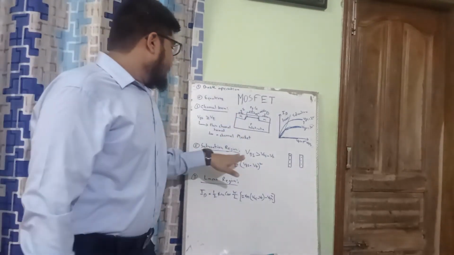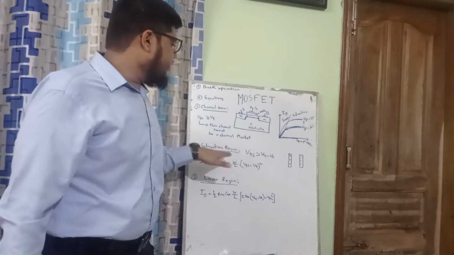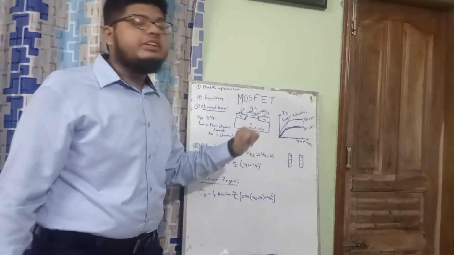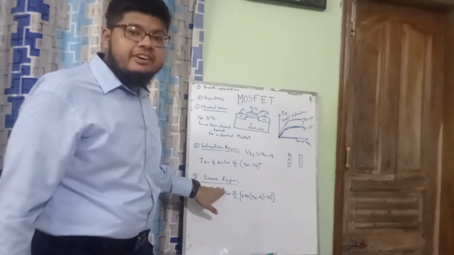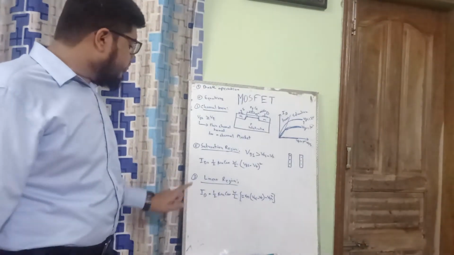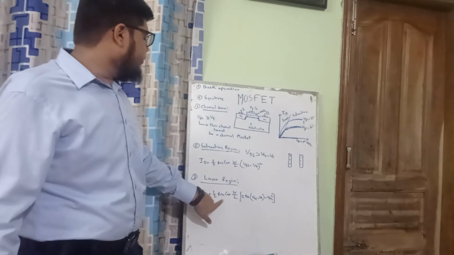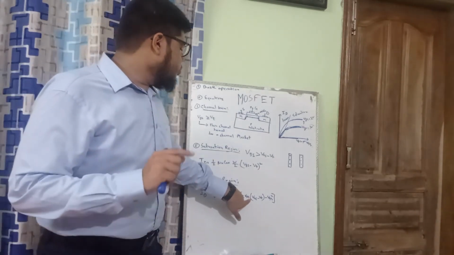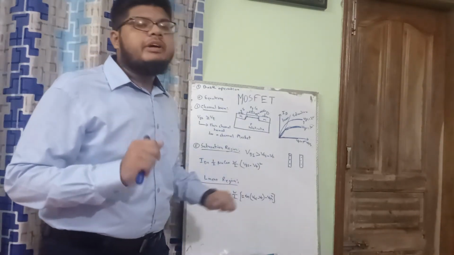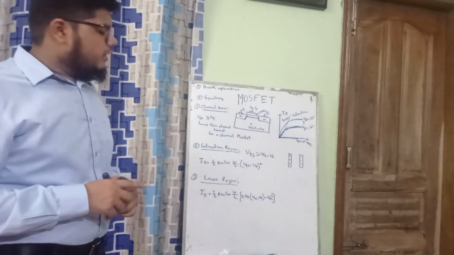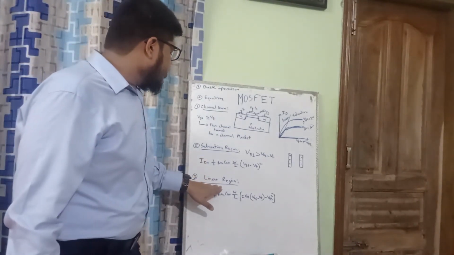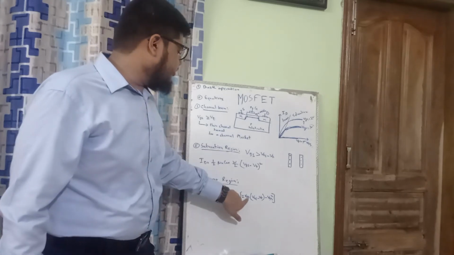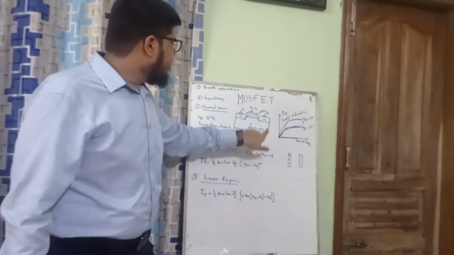Okay. Now if you see that VDS is not greater than VGS minus VT, you will take that the transistor is in linear region, and now we have to use ID equal to half mu n Cox W by L times VDS into VGS minus VT minus VDS square. You see one interesting thing, that in linear region the drain current depends on the drain to source voltage, which you are applying.